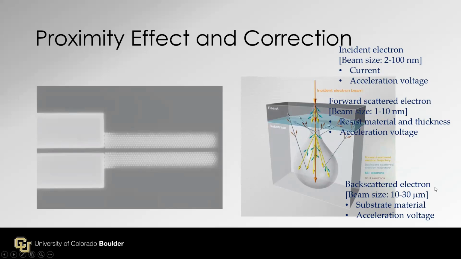However, for backscattered electrons, the beam size is huge, depending on substrate material and also kV. So the dot in the center can feel all the contribution from neighboring exposures. That's, in short, proximity effect.